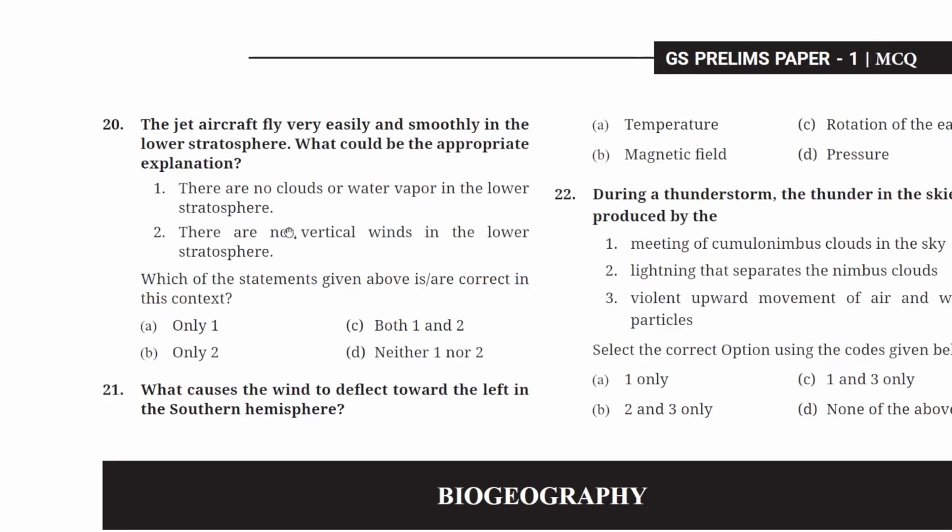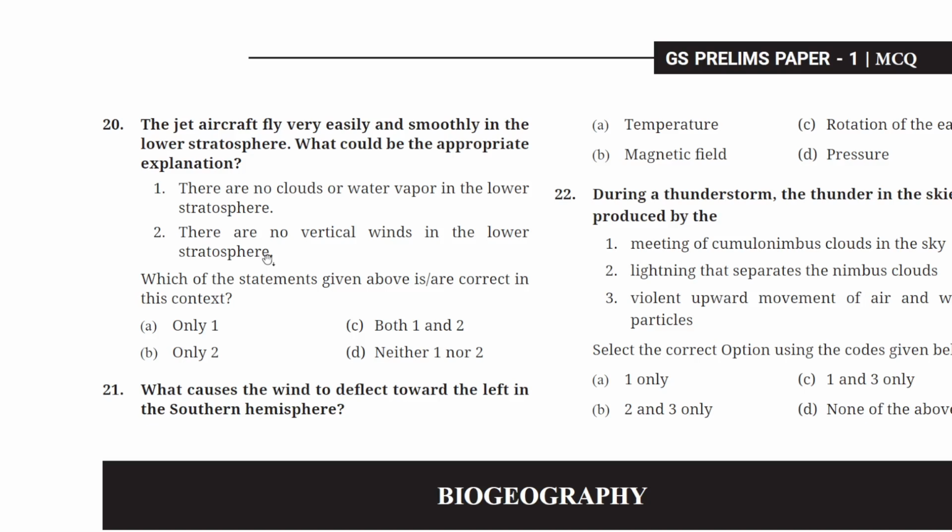Now coming to question number 20. The jet aircraft fly very easily and smoothly in the lower stratosphere. What could be the appropriate explanation? There are no clouds or water vapor in the lower stratosphere. Yes, it is true. There are no vertical winds in the lower stratosphere.